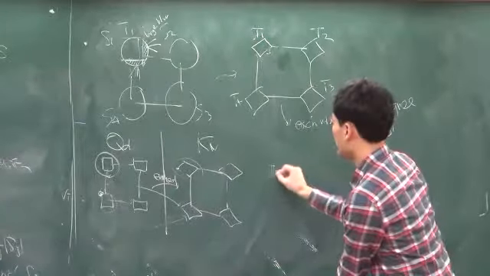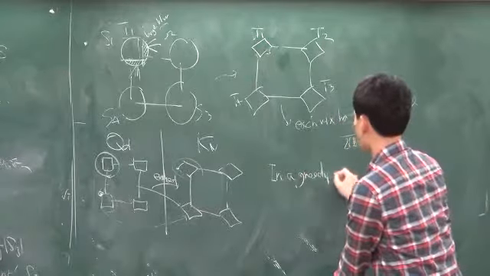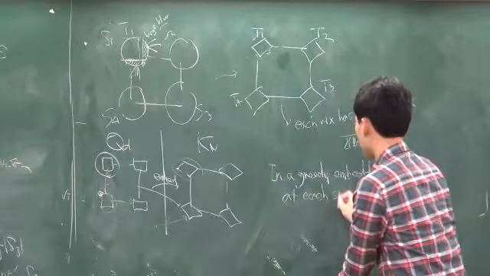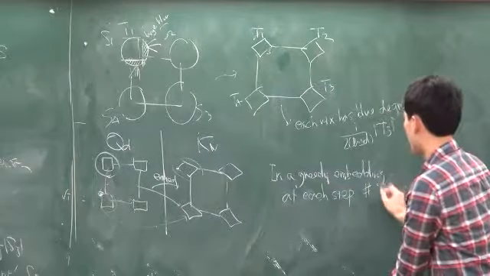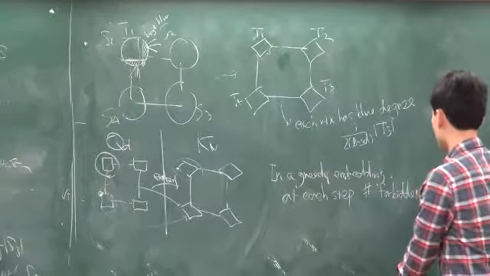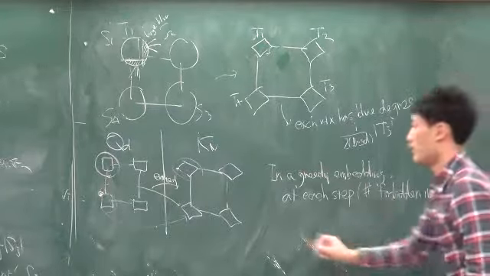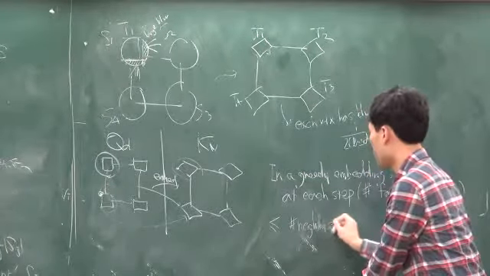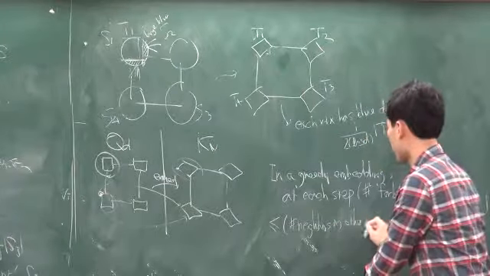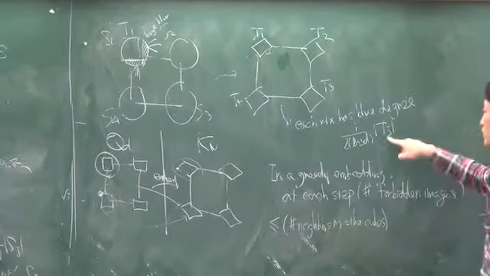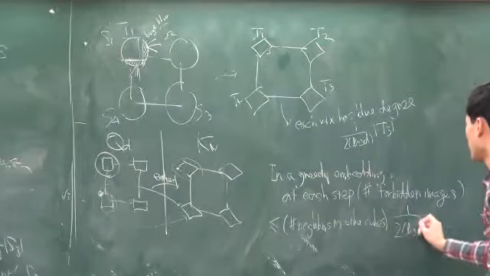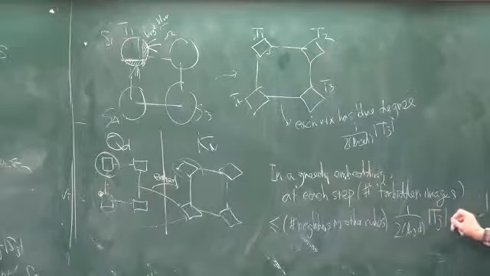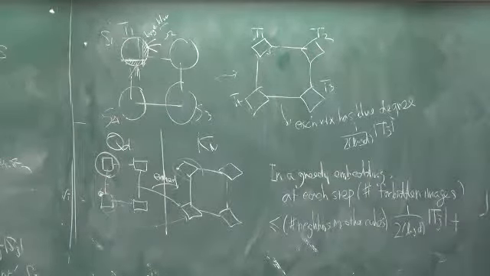So the idea is the following. In a greedy embedding, at each step, the number of forbidden images is at most the number of neighbors in other cubes times the maximum blue degree, 1 over 2 log d times Tj, plus the size of this cube, which is 2 to the d over d.